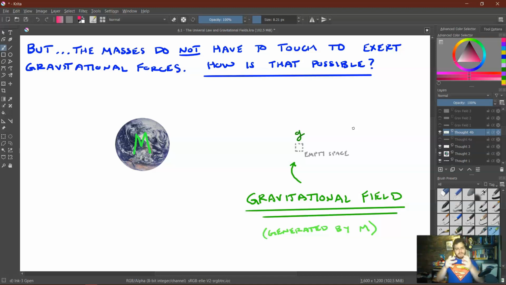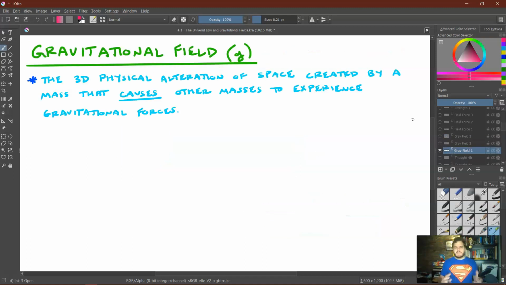It is literally inside of that empty space, and in fact surrounds the Earth and all the empty space around it. The gravitational field, which we typically abbreviate with a little g, is a 3D physical alteration of space created by a mass that causes other masses to experience gravitational forces.